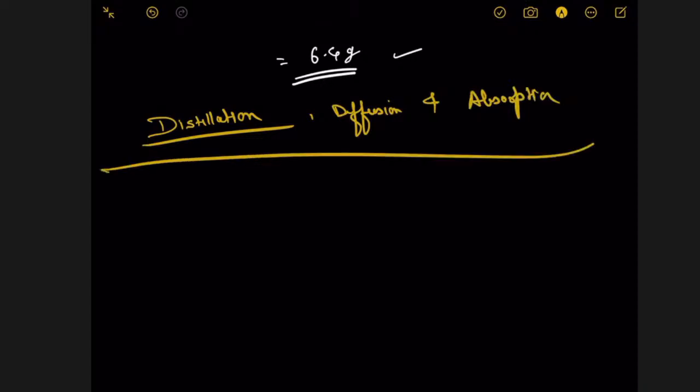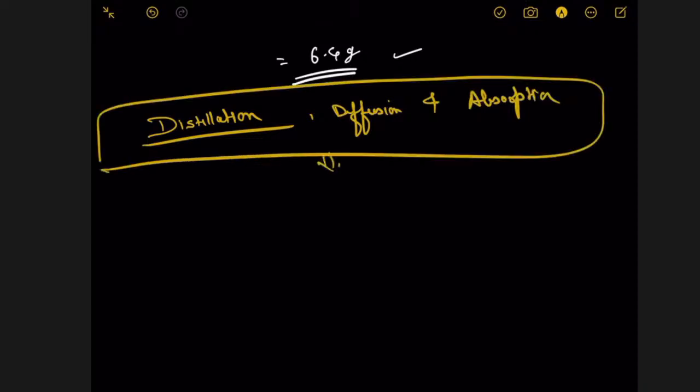Every year you will find 5 to 6 marks of questions from this part, and they will be easy, not too difficult. It will be very costly to you if you skip this topic from mass transfer.